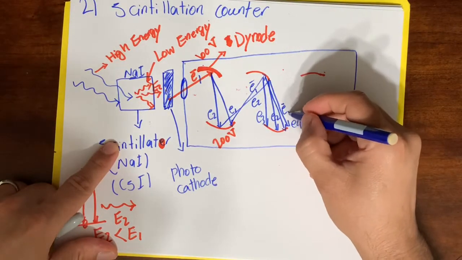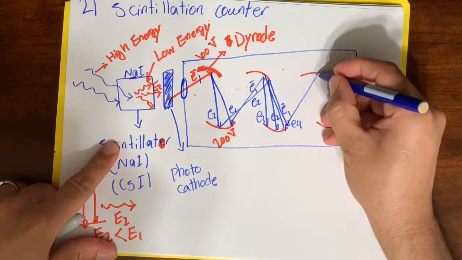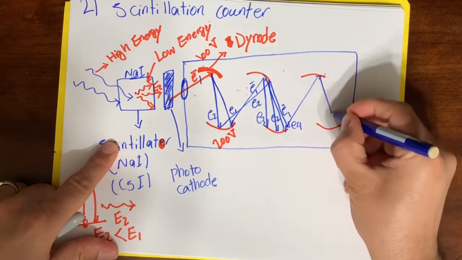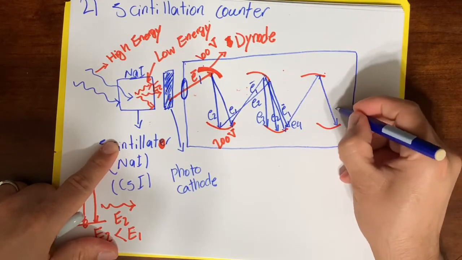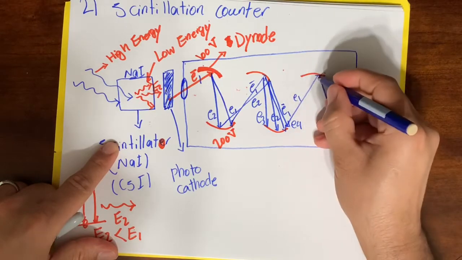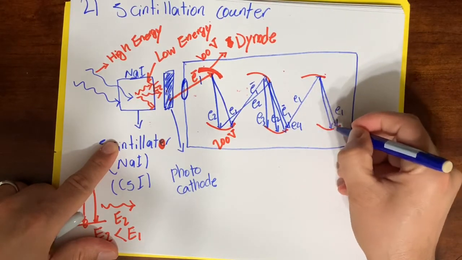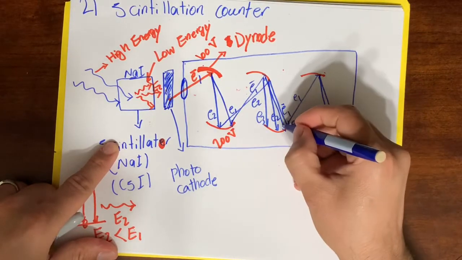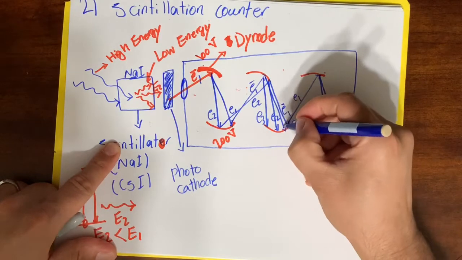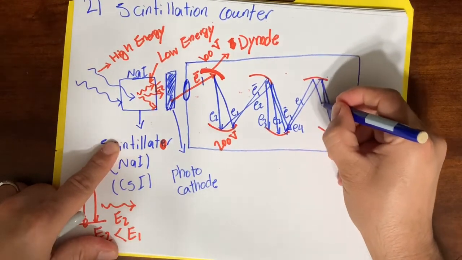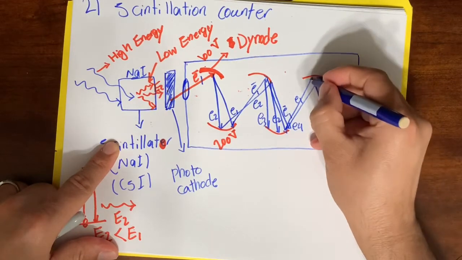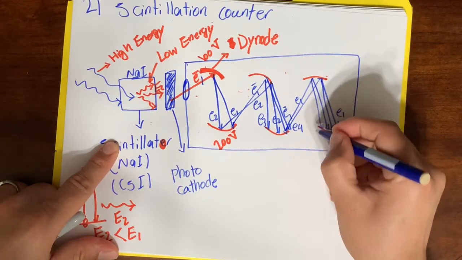And electron number one is going to go there. It will get here. So that is electron number one, and also it will eject one electron. Electron number two goes there, here, and it will eject another electron.